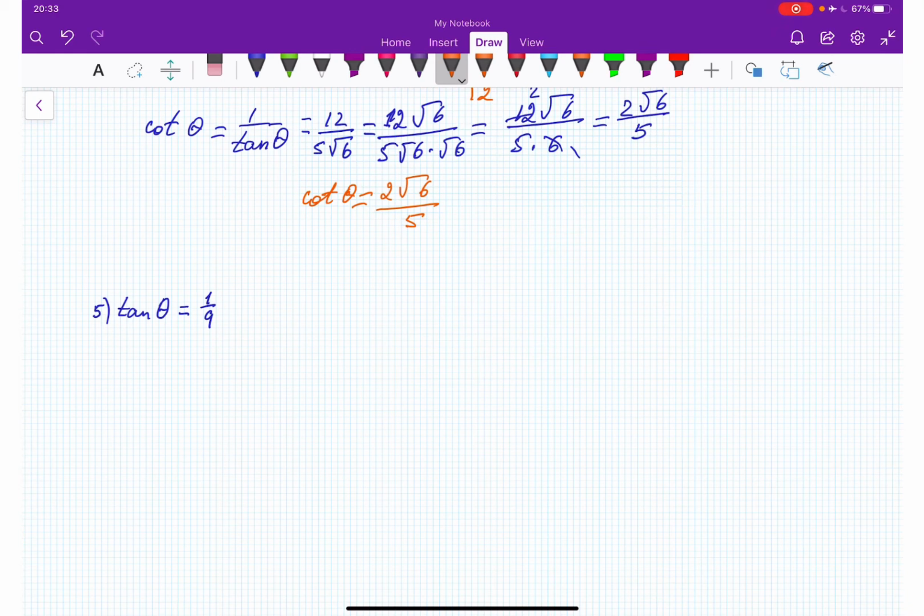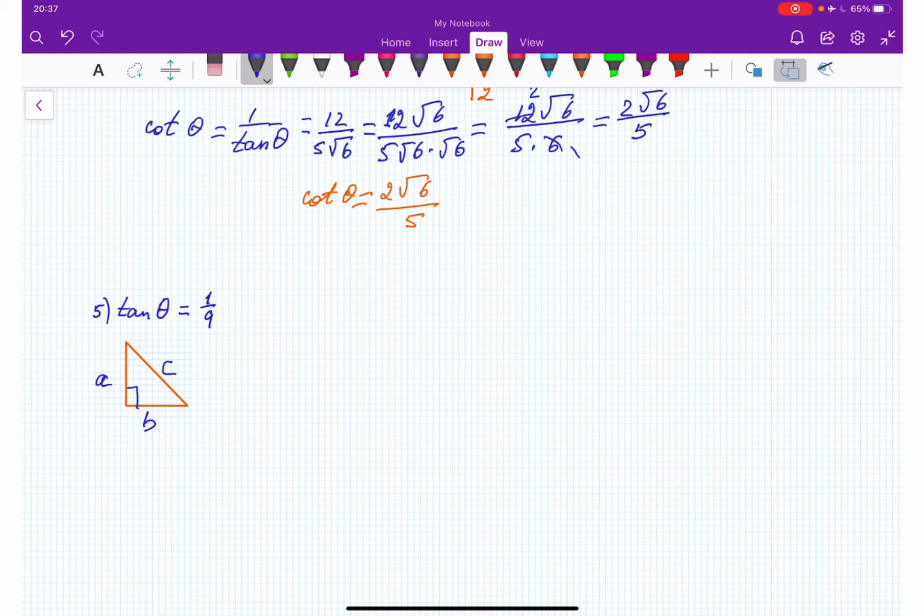So, from here, what do we have? Let me draw the triangle with the right angle. Okay, so we have here A, here we have B, and this is our triangle, and this is C.